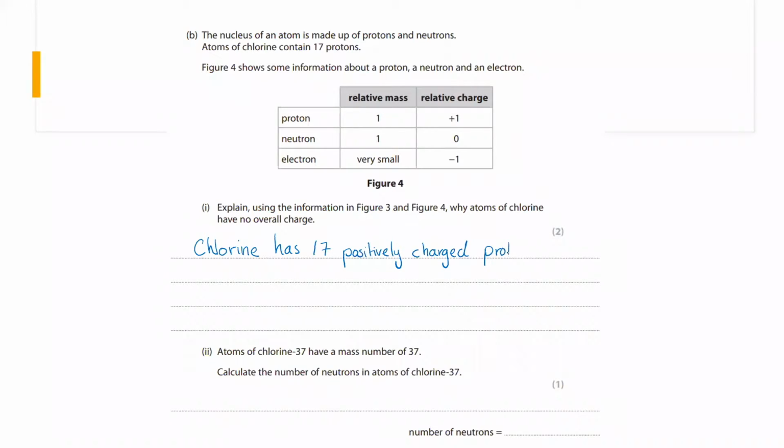Chlorine has 17 positively charged protons, but it also has 17 negatively charged electrons. So +17 and -17 equals 0. So the charges cancel out to 0.